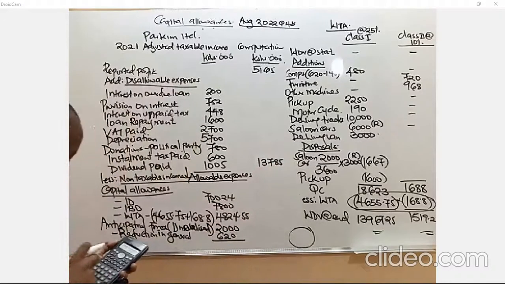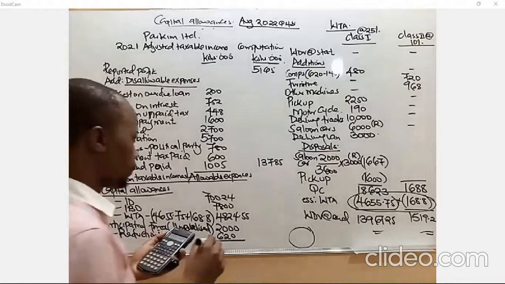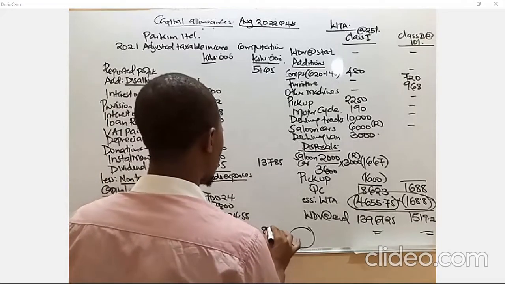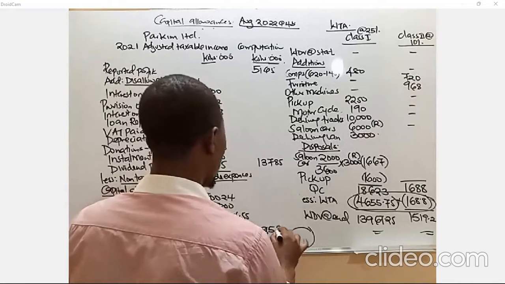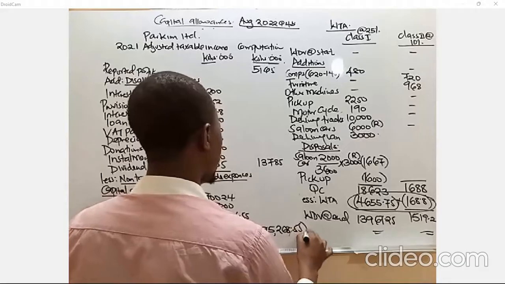Then down here we have 7024 plus 7,800 plus 4824.55 plus 2620, amounting to 85,268.55.